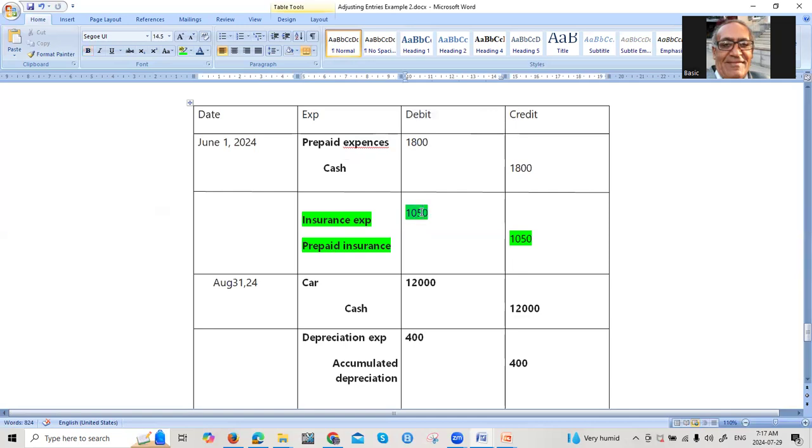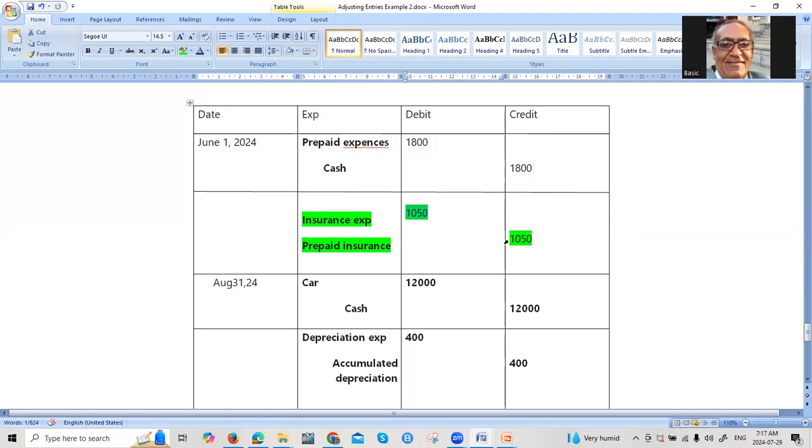So I have to cut 1,050 from it. What was debited, now I put as a credit. That means it will be 1,800 minus 1,050. Again, prepaid expenses was debited in the first transaction for the overall amount. But here, the prepaid insurance will be credited with 1,050, because it belongs to this year.